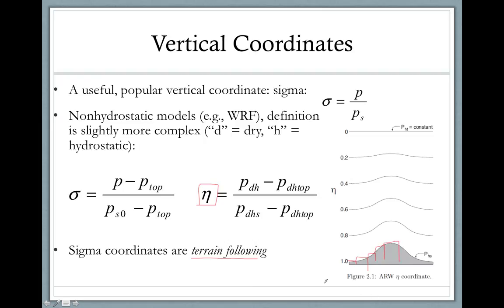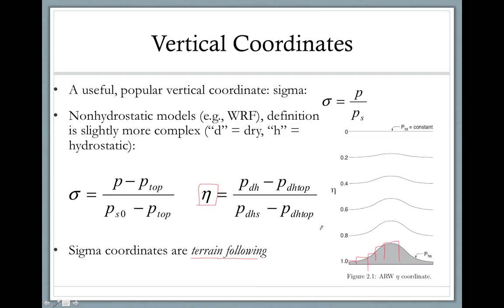This had benefits to it, like cold air damming was better represented in this kind of terrain rather than these smooth sloping surfaces, because it causes problems with some of our calculations of pressure gradients and stuff like that with our smooth terrain. But again, the most common one now is sigma coordinate systems that is used by things like the WRF.